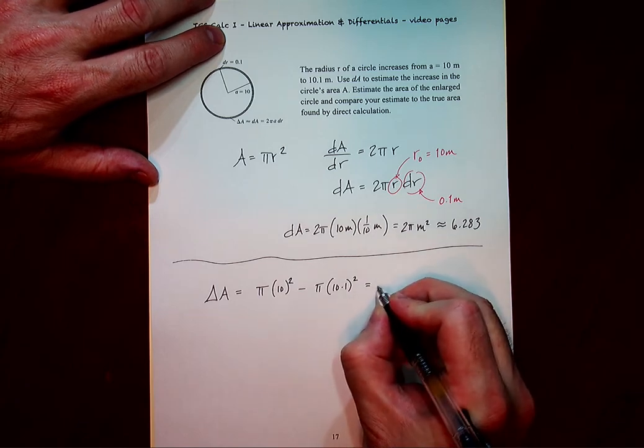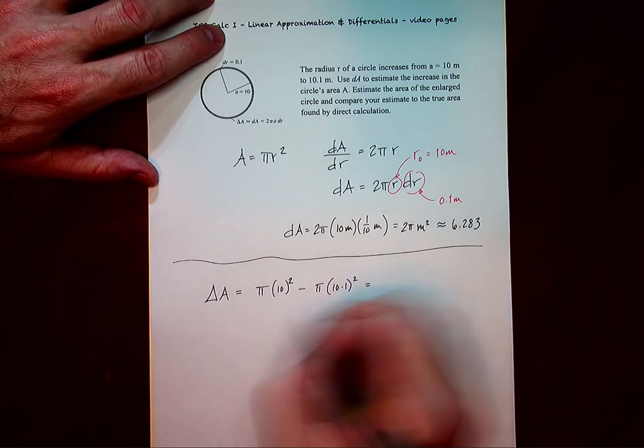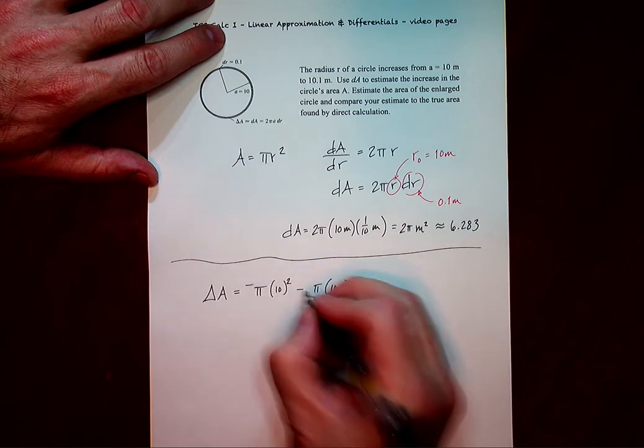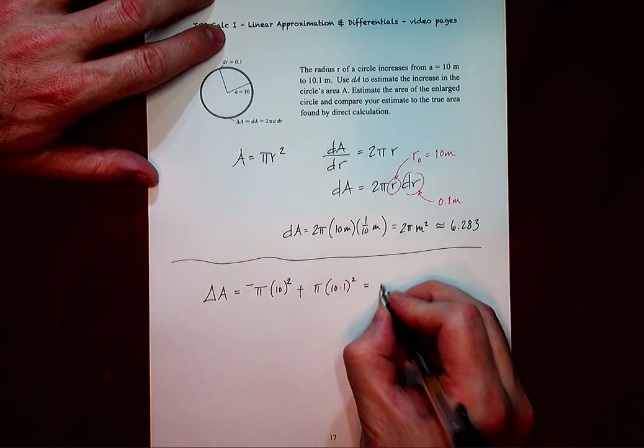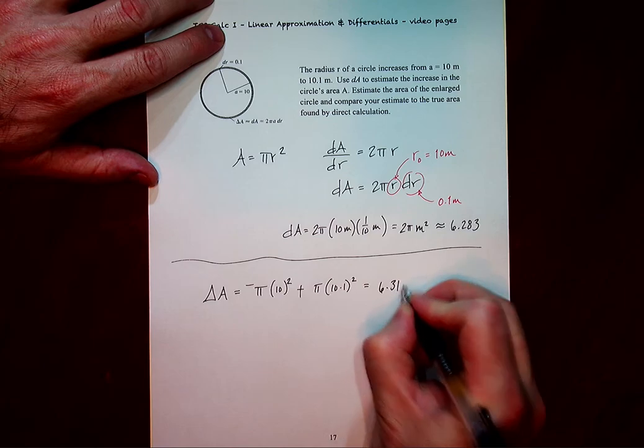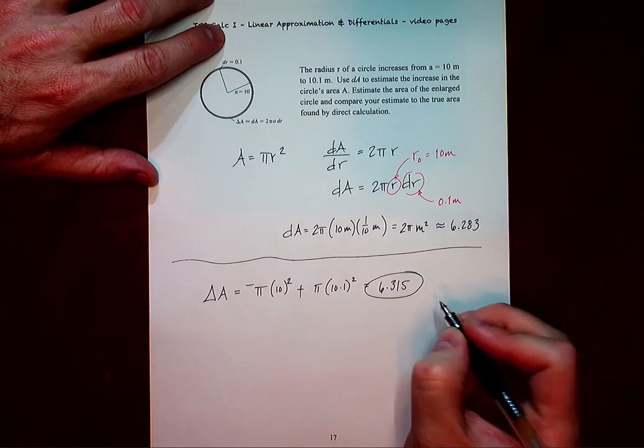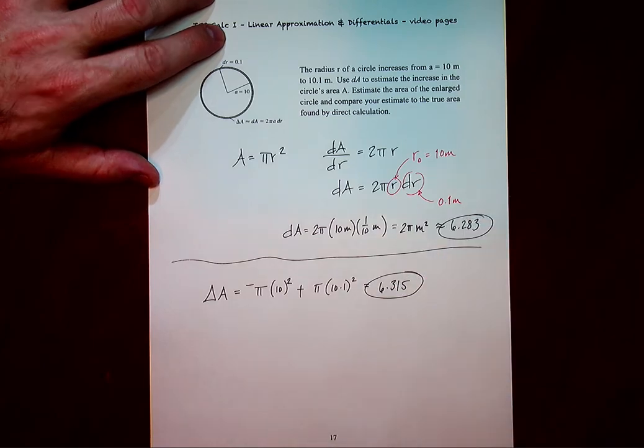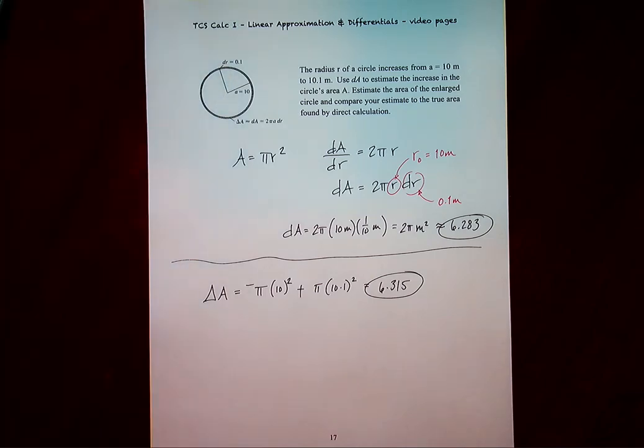Actually it should be the opposite, so that right there. And so it's 6.315, and that as an actual is still pretty close to the approximation for how much the area has increased with a slight increase in the radius.